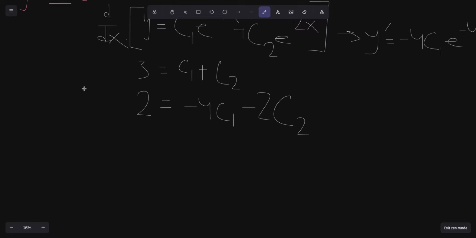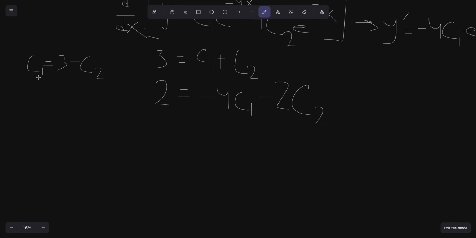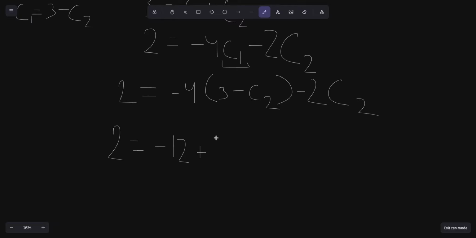So let's go ahead and do this. Hopefully I remember how to do this. So c1 is equal to 3 minus c2. We could plug c1 into this. So I get that 2 is equal to -4 times (3 minus c2) minus 2c2. And so we get that 2 is equal to -12, and the negative makes a positive 4c2, minus 2c2.